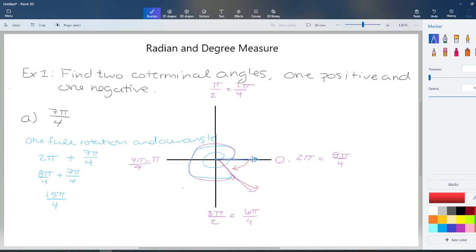So our angle is going to start here and end here. So we can see that what we really have is our angle, okay, and then we're going to be going the opposite direction. So we're going to take away a full rotation.